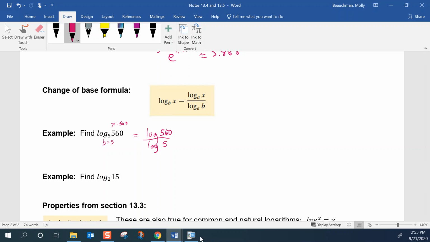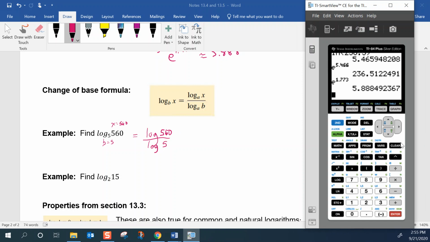So let me bring back up the calculator. And I'll put parentheses around just to make sure it doesn't get confusing, and make sure that the calculator does the order of operations I want. There's log 560 divided by log 5.